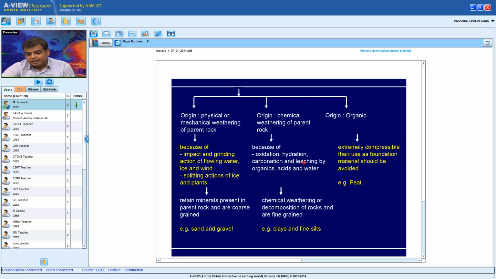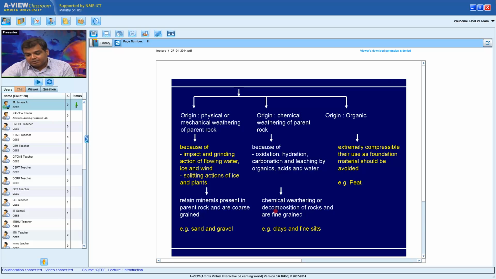When leachate of certain organic or inorganic acids goes into the ground through the rock, they create a new set of chemically weathered rock. These chemically decomposed rocks are in general fine grained.